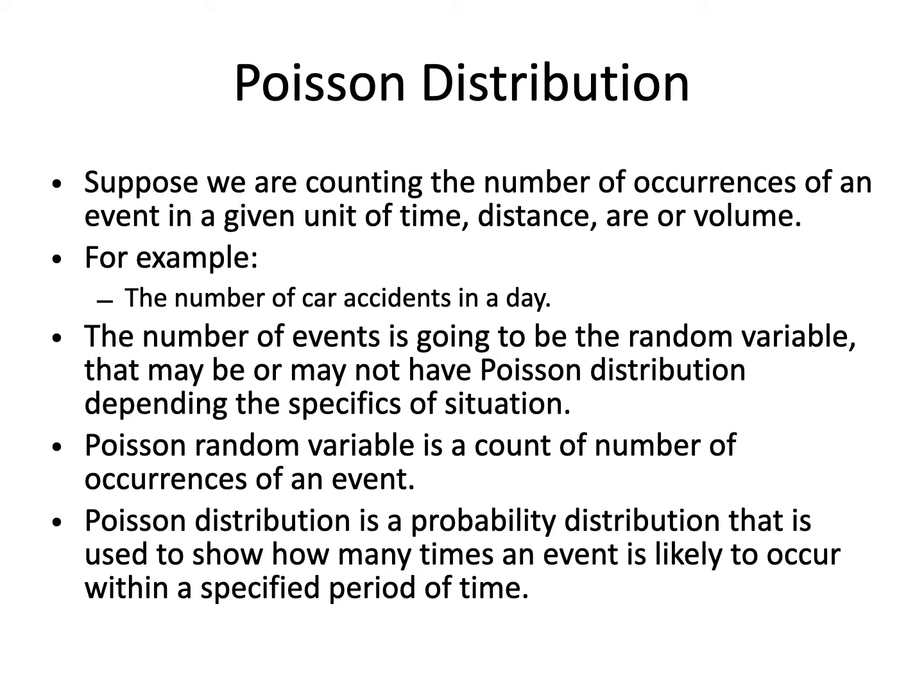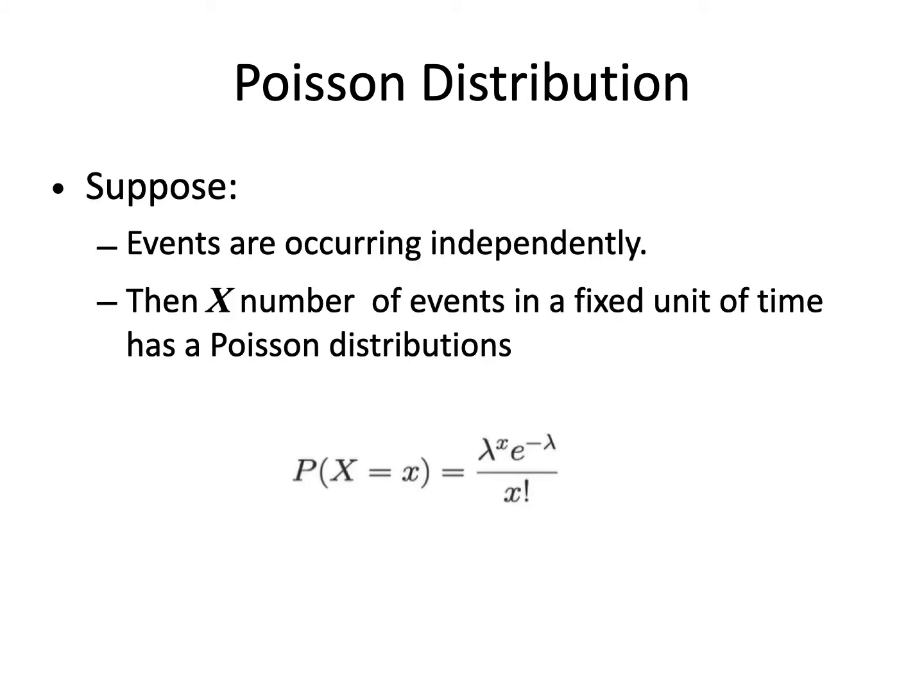These Poisson distributions are often used to understand independent events that occur at a constant rate within a given interval of time. As mentioned earlier, the independent events mean events are occurring randomly and independently.